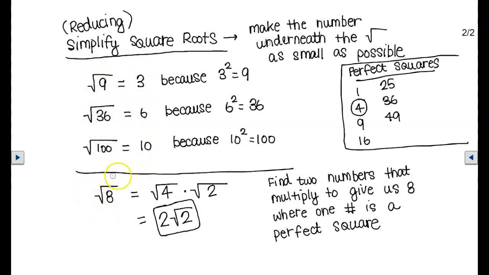But when you're asked to do the square root of something like 8, that is not a perfect square, then you are going to simplify it, reduce it, by finding two numbers that will multiply to give you that result. One of those two numbers has to be a perfect square. Has to be. So we would take 8 and make it the square root of 4 times the square root of 2. Square root of 4 is 2. The square root of 2 we don't know, so that would give me my final answer.